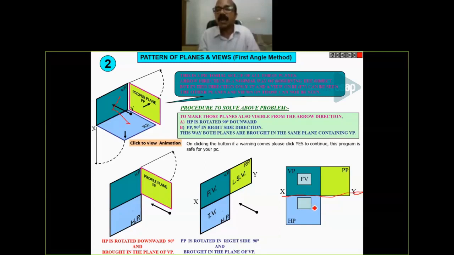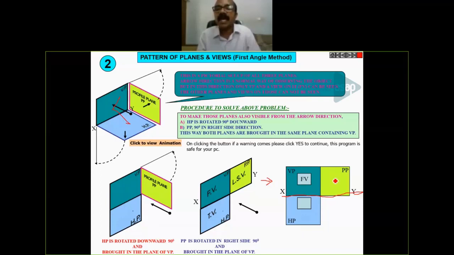Then you have to draw the profile plane. We are looking in this direction, looking from the left side of the object, and the image is obtained on the right side of the object. So the left side view you have to draw on the right side of the object.